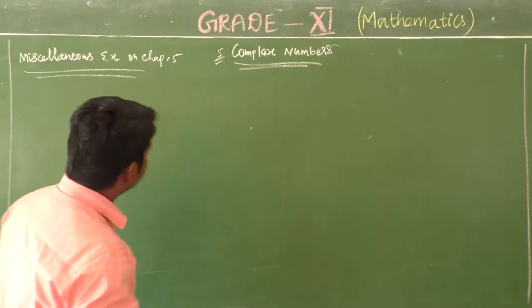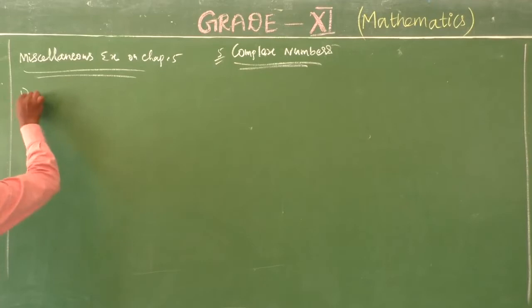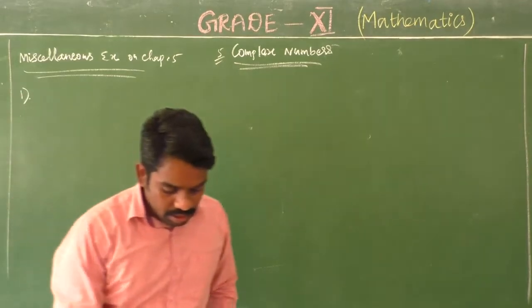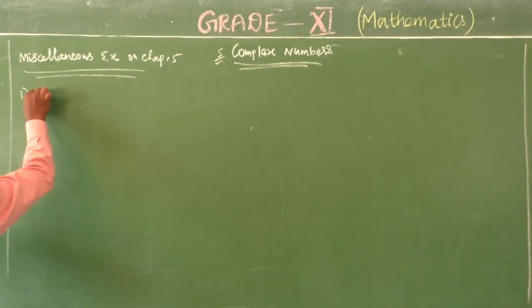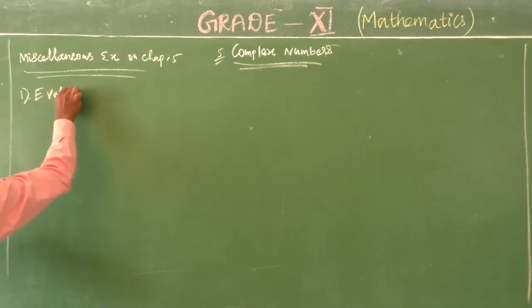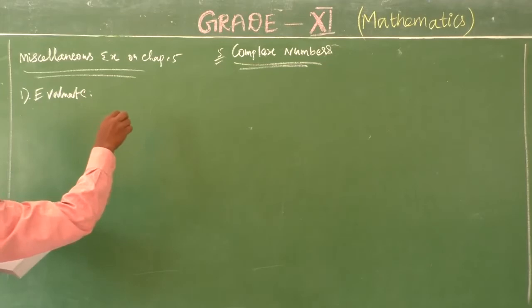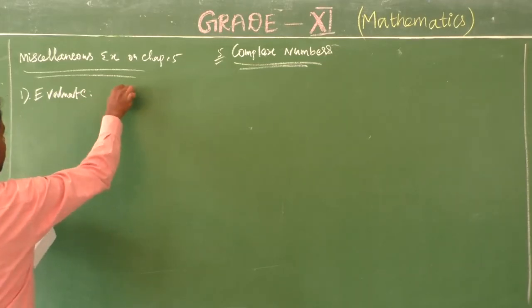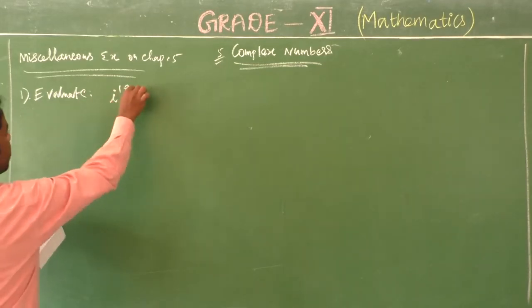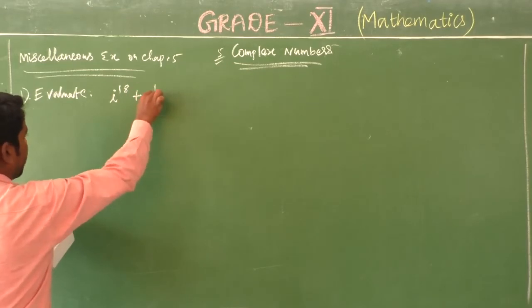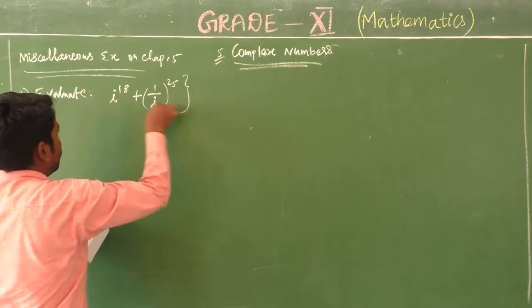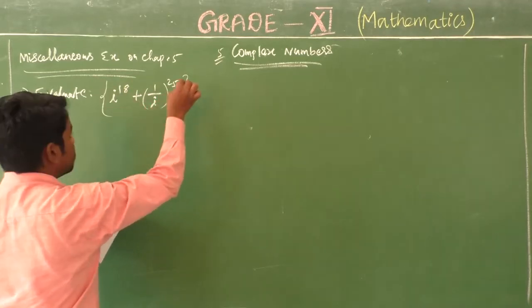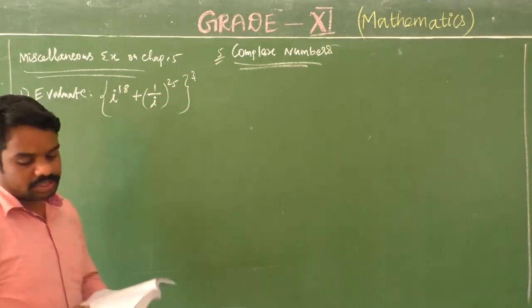Question number 1: Evaluate (i^18 + 1/i^25)^3. First question.